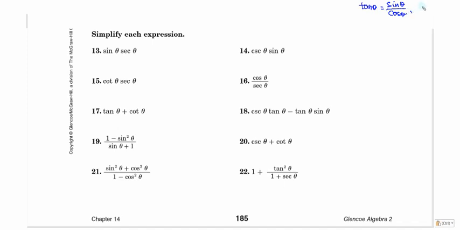Now number two is a square over b square can be rewritten as a over b, all squared. Okay, now if your example would be 1 over cosine square theta, this can be written as 1 square over cosine square theta.